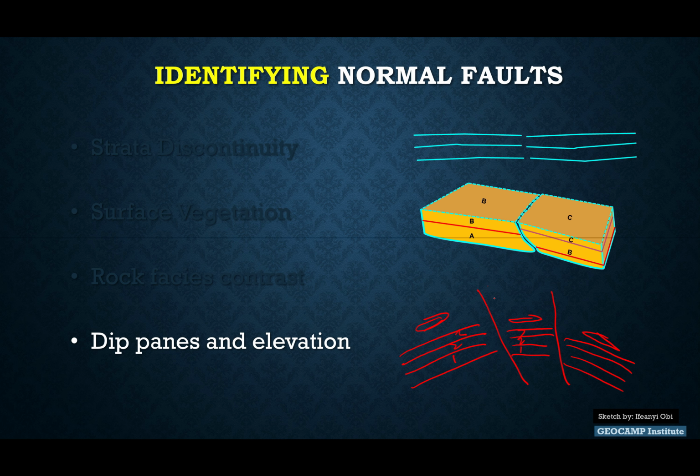So I'm able to establish the sense of movement just by looking at the differences in the dipping and also the elevation of the bulk stratigraphic units from one block to the other.